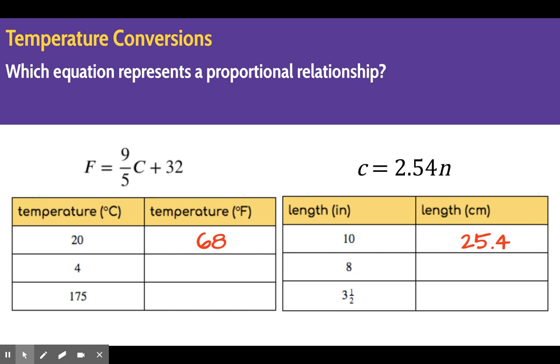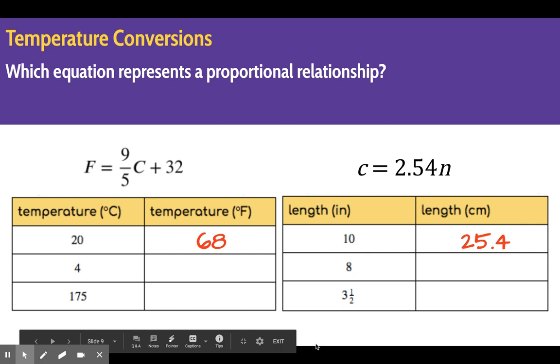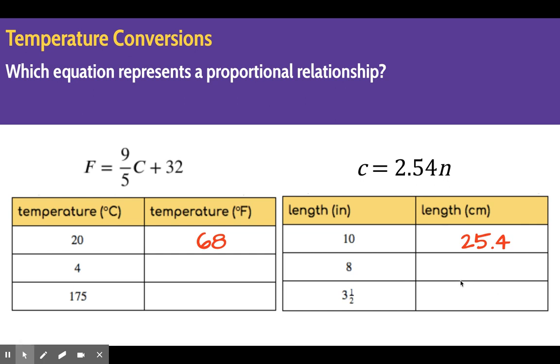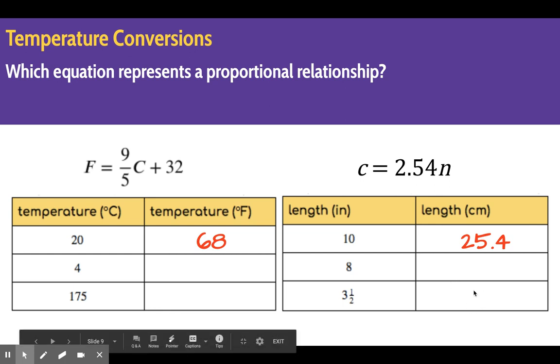When you substitute in 8, you should get 20.32. And then for 3.5, you should have gotten 8.89, or 8 and 89 hundredths. So 8.89 should have been your value for the last one.